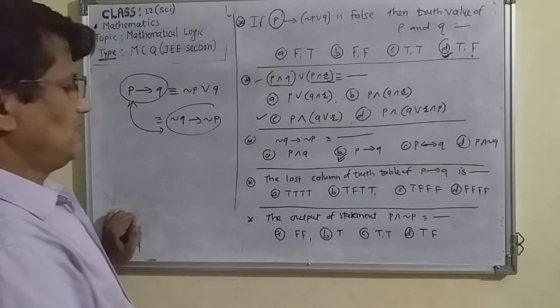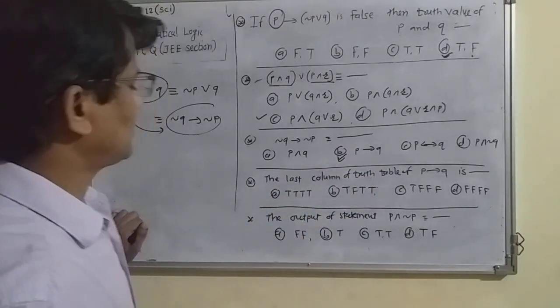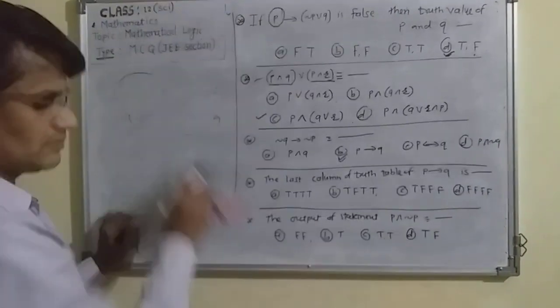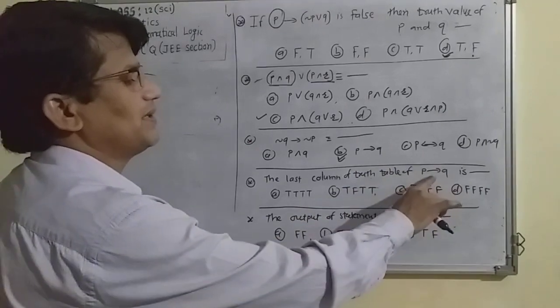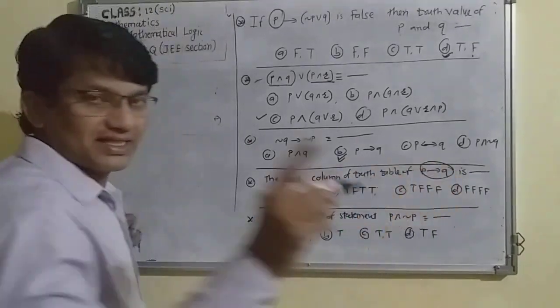Okay, next question: the last column of the truth table of P implies Q. See here, it is a very easy one.